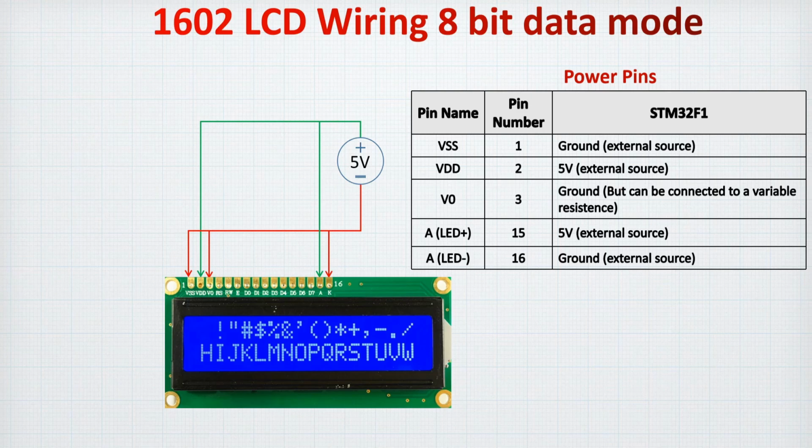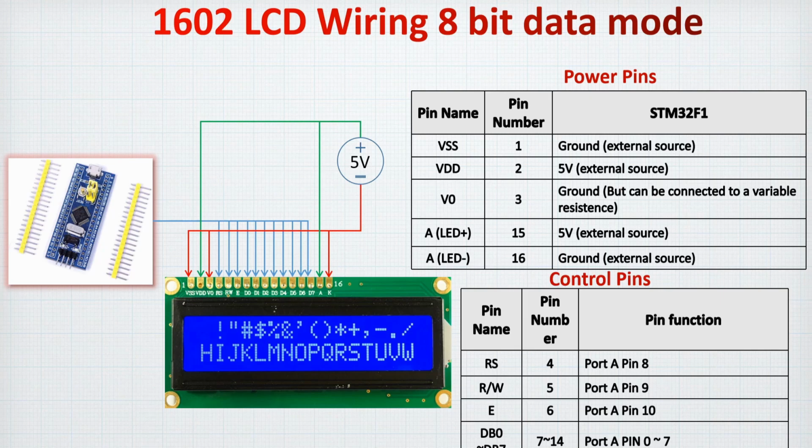I'm directly connecting V0 to the ground, so we have the maximum light, and this is specifically for this example, as the webcam is not really showing the screen very well. You can connect a resistor between V0 and VDD, and between VDD and VSS, to have a variable light, but we are not going to do this within this example.